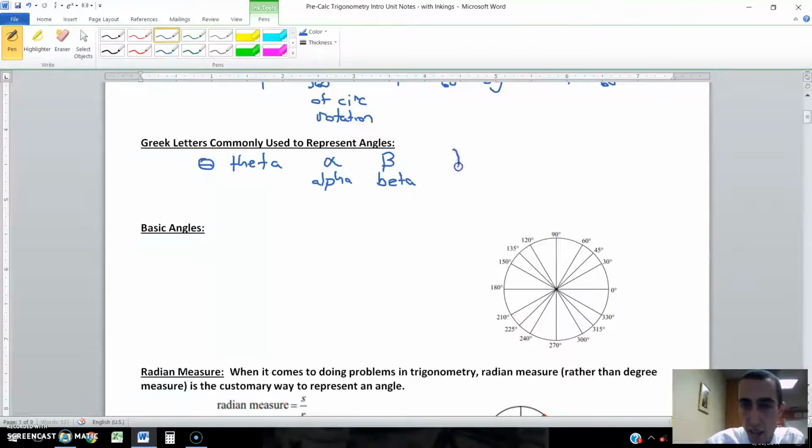On occasion, we may see a sort of loopy looking letter like that, and that is the Greek letter gamma. And sometimes we'll also see the Greek letter phi. That's in addition to the Greek letter pi that we've already used, although pi is usually not used to represent angles, but these Greek letters are.